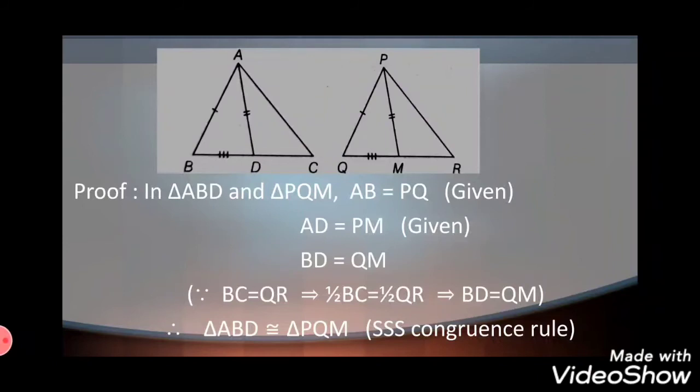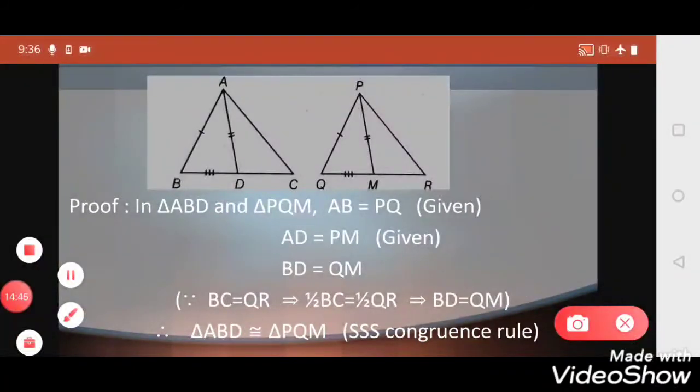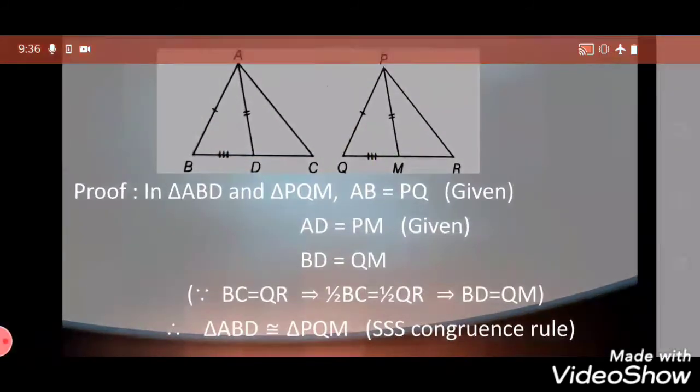Now, angle B will be equal to angle Q. This will be the CPCT. So we write, angle B equal to angle Q by CPCT, that is corresponding parts of congruent triangles.